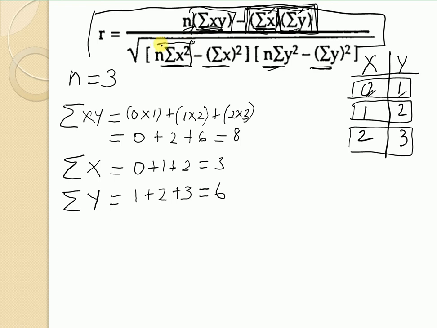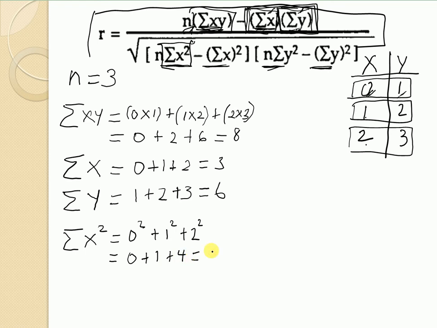This summary statistic is read as the sum of x squared. To calculate the sum of x squared, we take each x value, square it, and then add them together. So it's 0 squared plus 1 squared plus 2 squared equals 0 plus 1 plus 4 equals 5.